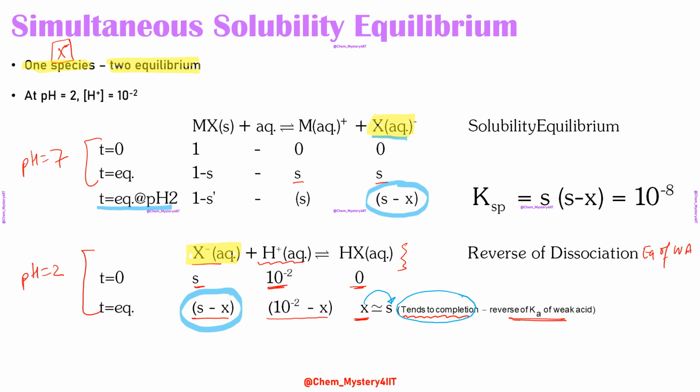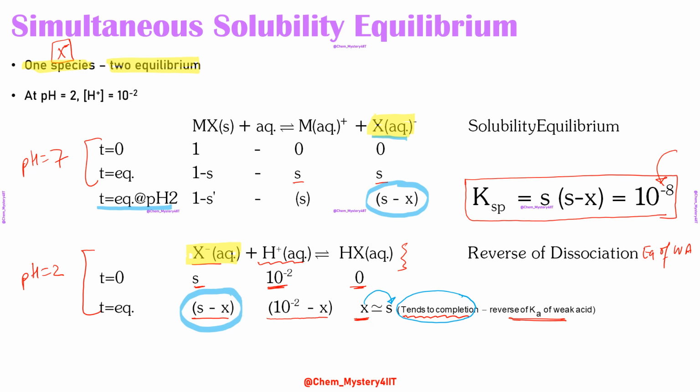We are writing the value of the equilibrium over here. So the solubility equilibrium Ksp is now being redefined as S into S minus X, which originally was 10 raised to power minus 8, because Ksp is not changing with any experimental condition. It changes only if temperature is changed. For a given reaction, Ksp does not change.